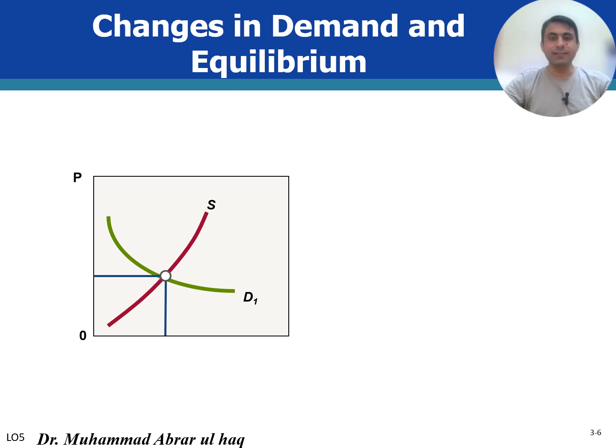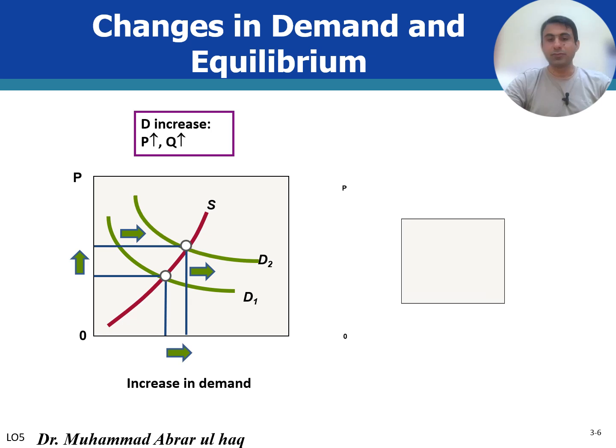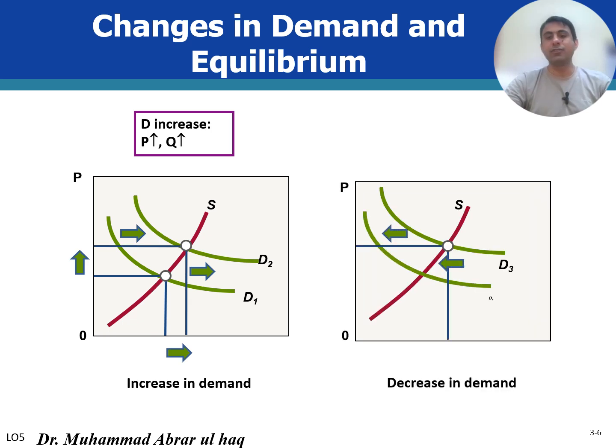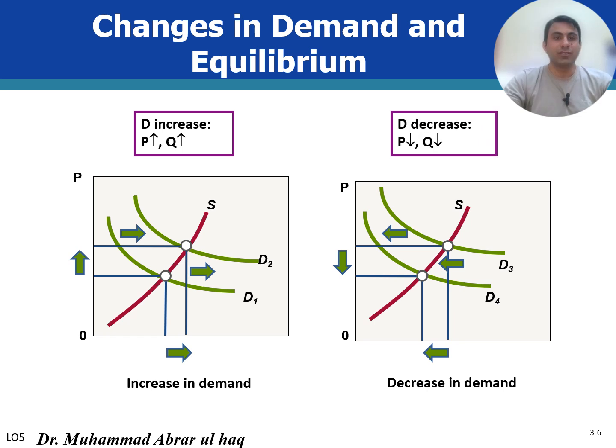We have different examples in change in demand and equilibrium. If the demand curve shifts upward or downward, the equilibrium in the market will change. When there is an increase in demand for a good or service, depicted in the left side diagram here, several key economic outcomes follow.